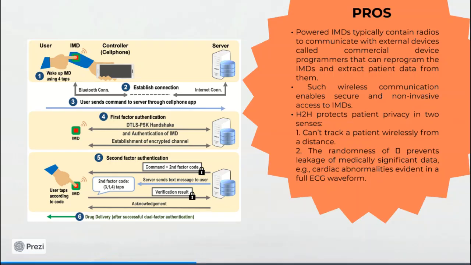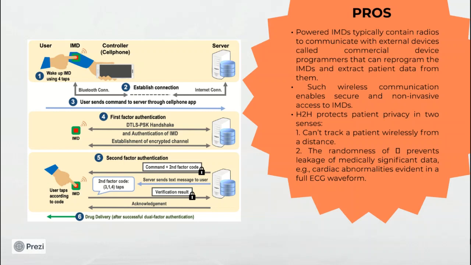Pros. Powered IMDs typically contain radios to communicate with external devices called commercial device programmers that can reprogram the IMDs and extract patient data from them. Such wireless communication enables convenient and non-invasive access to IMDs.